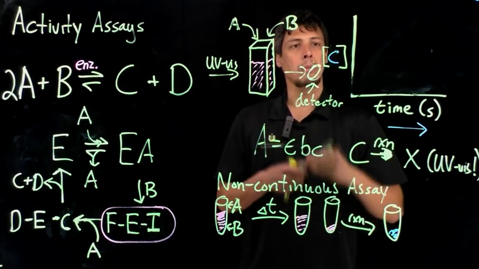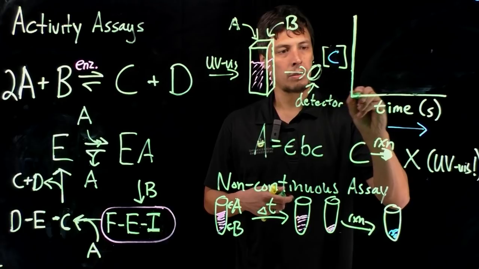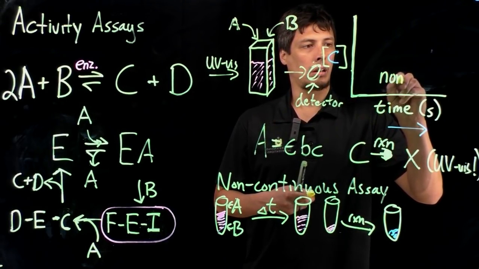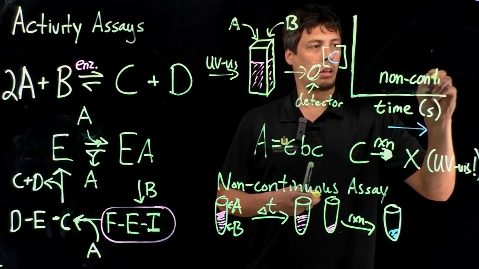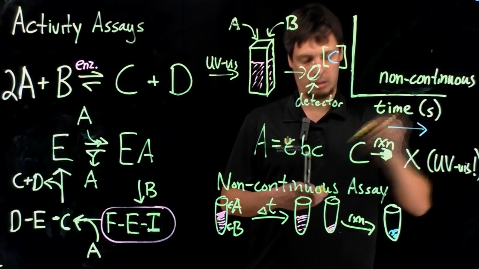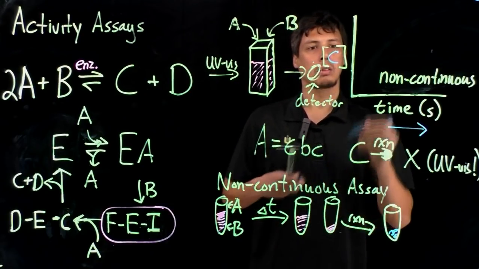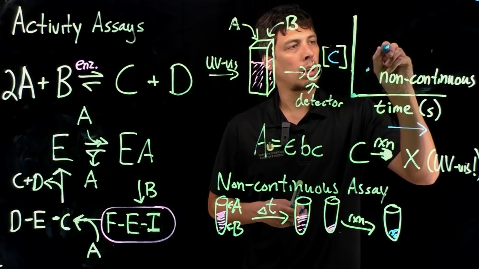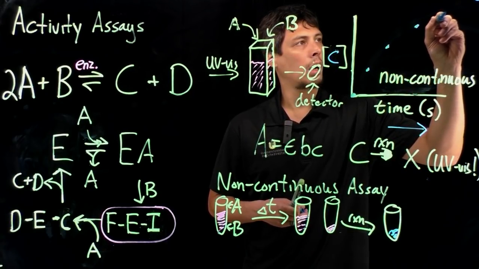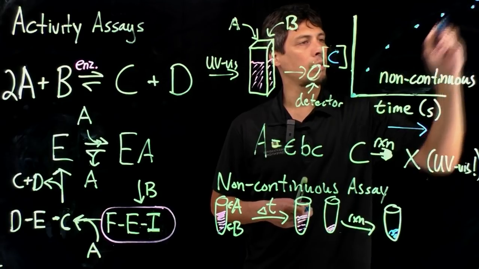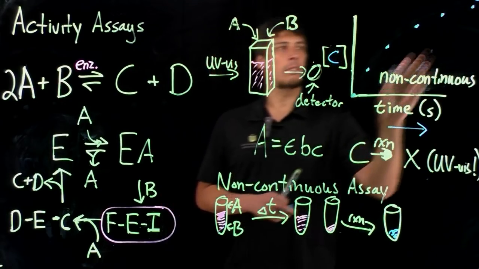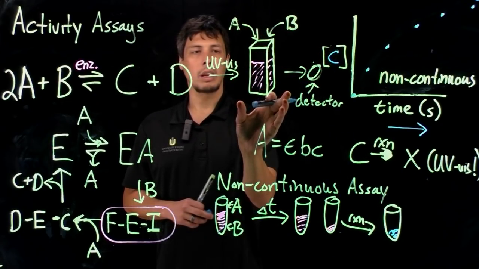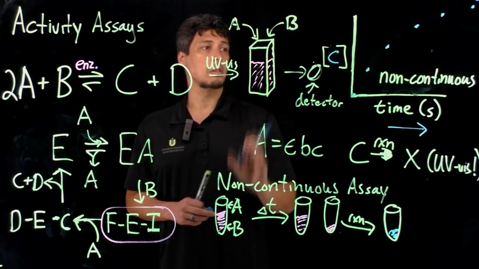So for instance, for a time course for C using a non-continuous assay, you might expect something that looks like this, where at 0, 0 we have a point, and we can collect points at different intervals, but we're not going to have quite as much data as we would for a continuous assay, for instance, in the case of using UV-vis absorption spectroscopy.